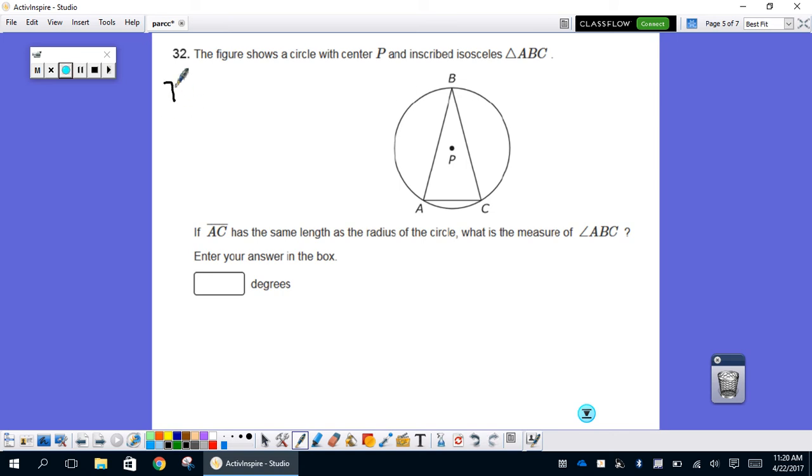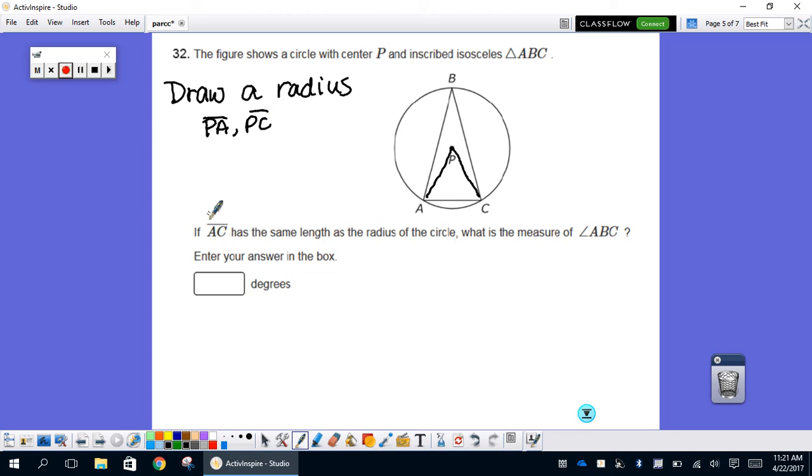So our first step was, hey, let's draw a radius. So we drew in from P to A and from P to C. So we drew segment PA and segment PC.